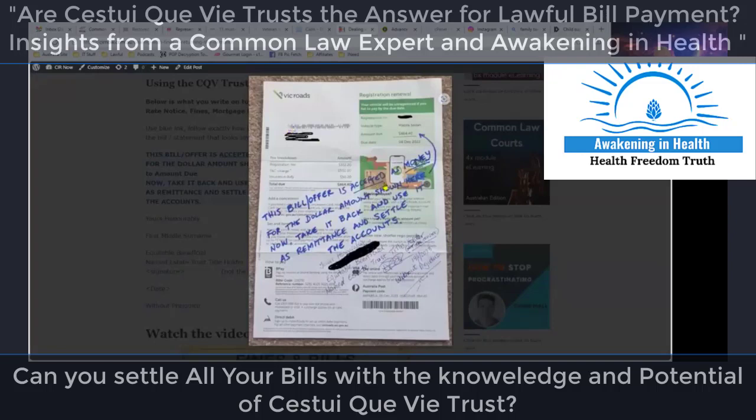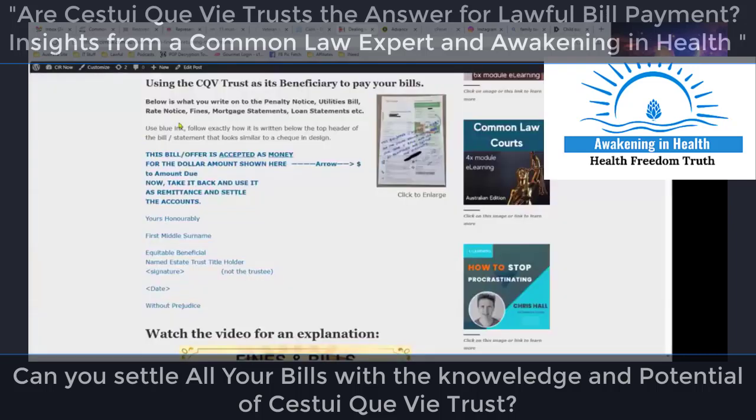So all you do is you write this bill/offer is accepted as money for the dollar amount shown here, this one up here. Now take it back and use as a remittance to settle the account, and then you sign it here. So you just follow the instructions on there. So this is one way to actually deal with them and get them to take the money out of your CQV Trust and pay the bill.